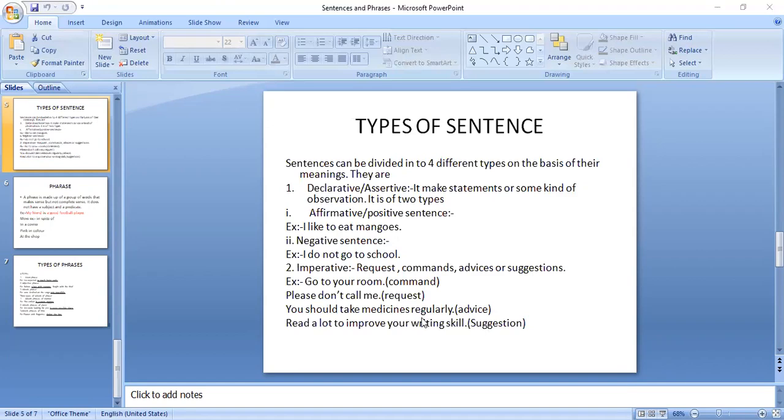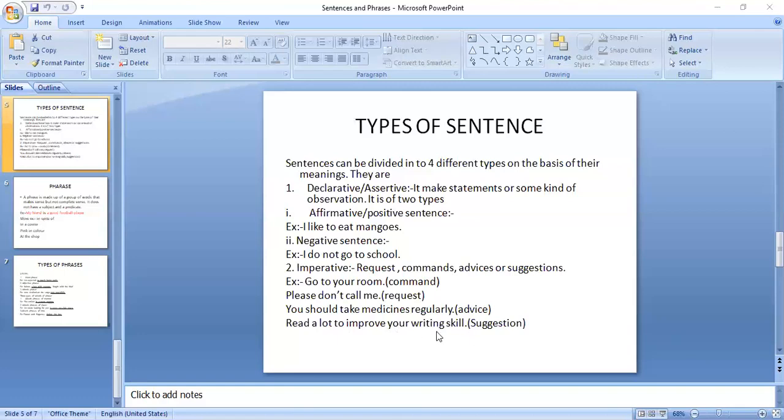Advice, you have to follow. But suggestions, sometimes you may follow, you may not follow. So if the teacher says read a lot to improve your writing skill, somebody will follow the words of the teacher and read a lot for improving their writing skill.